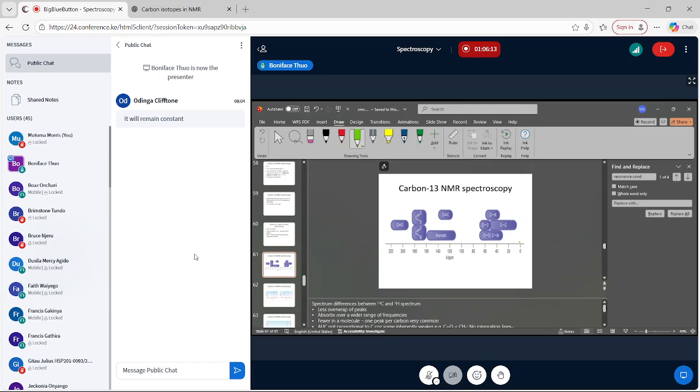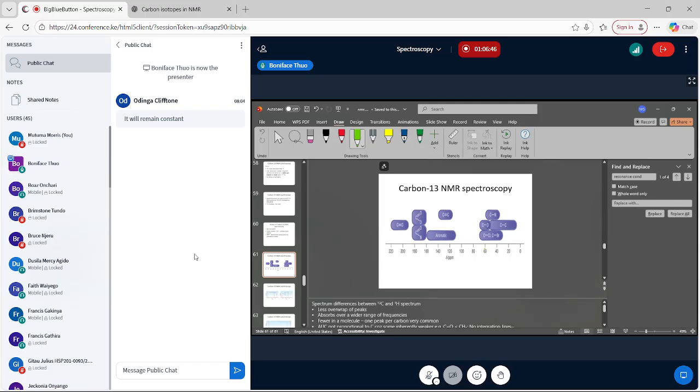The alkane carbons will be in the lower regions, just like you would expect, because of the weaker inductive effect. So the same factors that influence the position of the chemical shift for protons similarly influence the chemical shift of carbons. Okay, so the alkane carbons, the saturated carbons, will be lower.